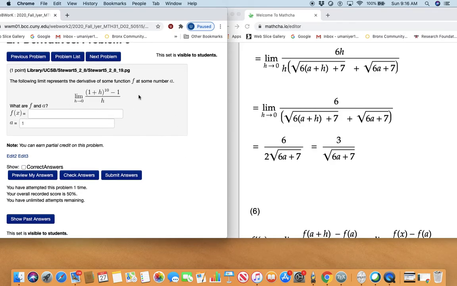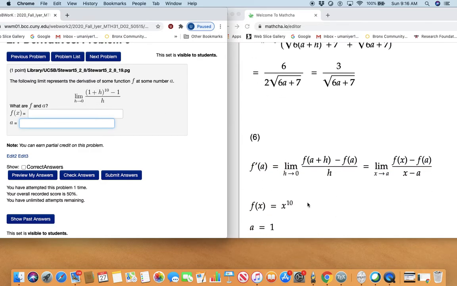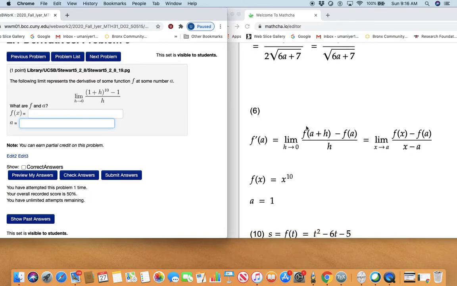Now here you are given a limit, and you are asked to find f and a. One thing to notice, compare your expression to one of these, because these are the two definitions you have. Since h is approaching 0, I will use this expression instead of this. f of a plus h tells me a is 1 and the function is power 10.